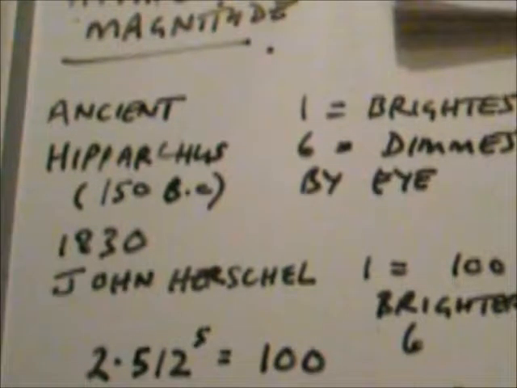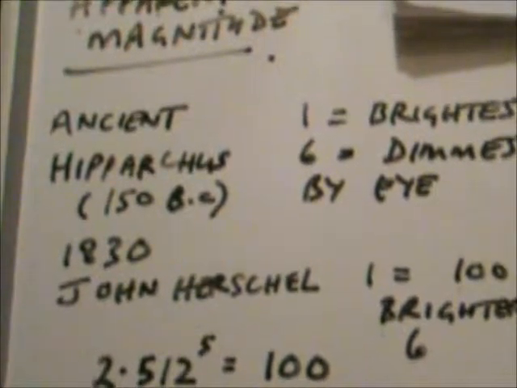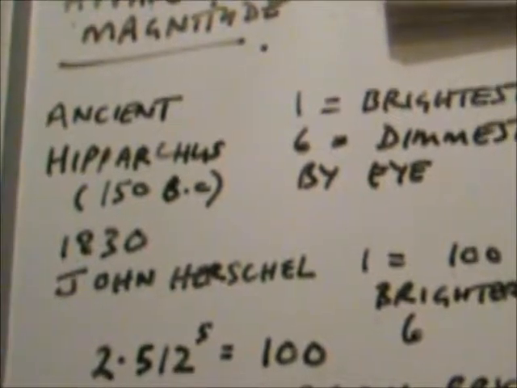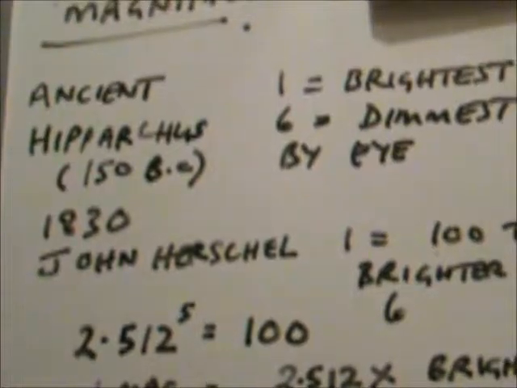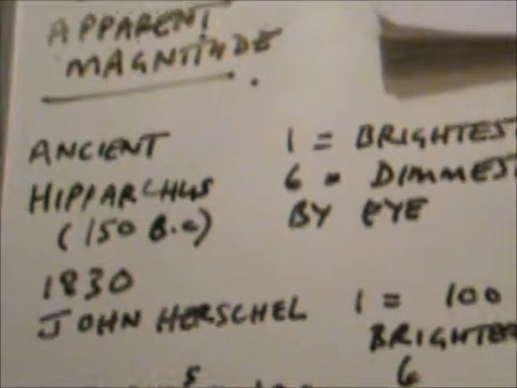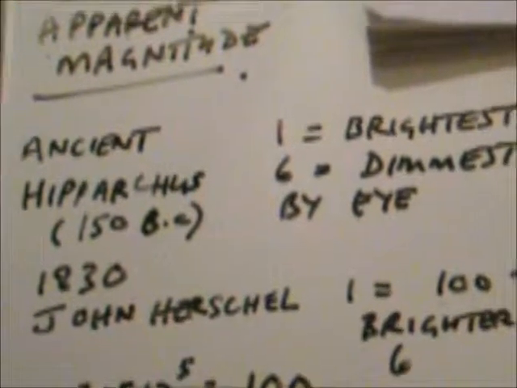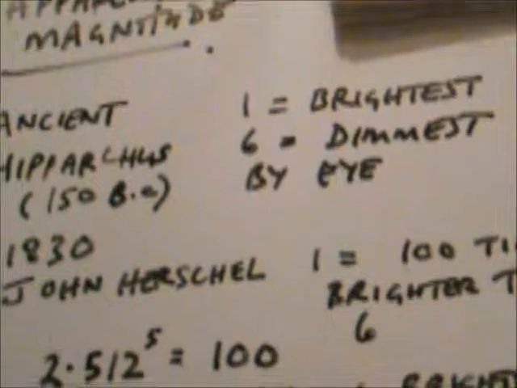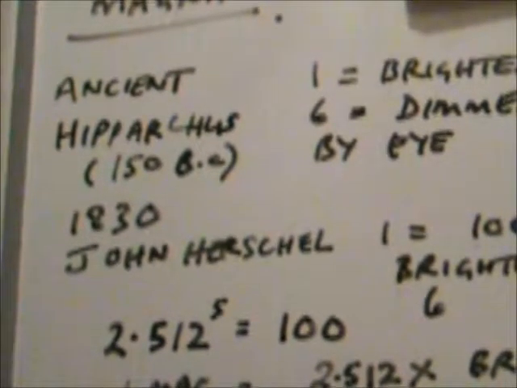Later on, in 1830, the astronomer John Herschel, then working from England, discovered that he could actually measure brightnesses using a device, and he found the actual gap in the ancient brightness scale used by Hipparchus was, if you observed a star of magnitude 1 and then one of magnitude 6, the jump wasn't twice, it was 2.512.